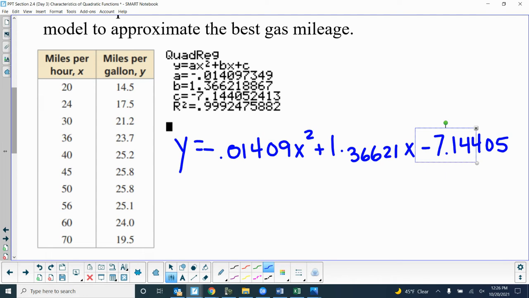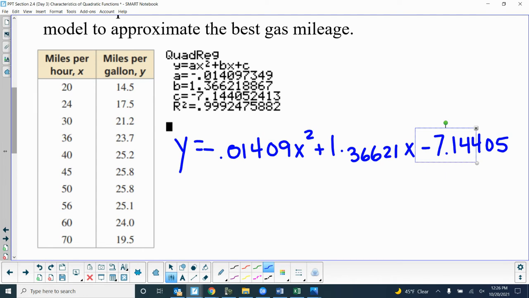Now, when you have a car and you want good gas mileage, what kind of number do you want? You want a high number or a low number? A high. So since this opens down, it looks like this, right? So where am I going to get the highest? Yeah, the vertex, which is a max, right? So basically we're finding the max.